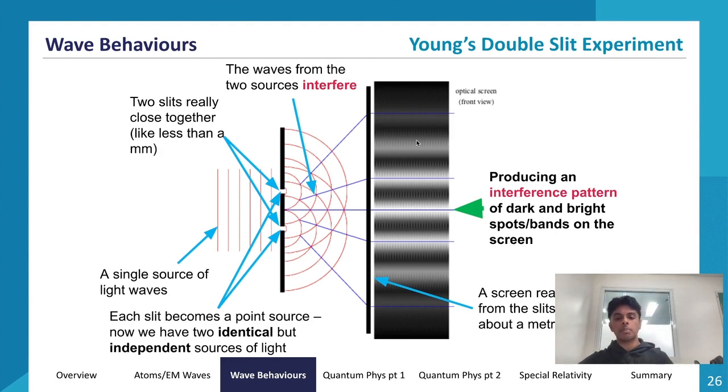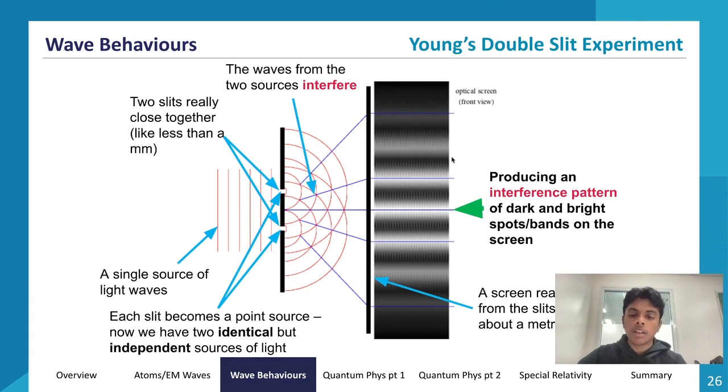By interfering with one another, they produce an interference pattern of bright and dark spots. We have the bright spots like this, and then we have the dark spots like this. The screen, really far away from the slits, will look something like this.